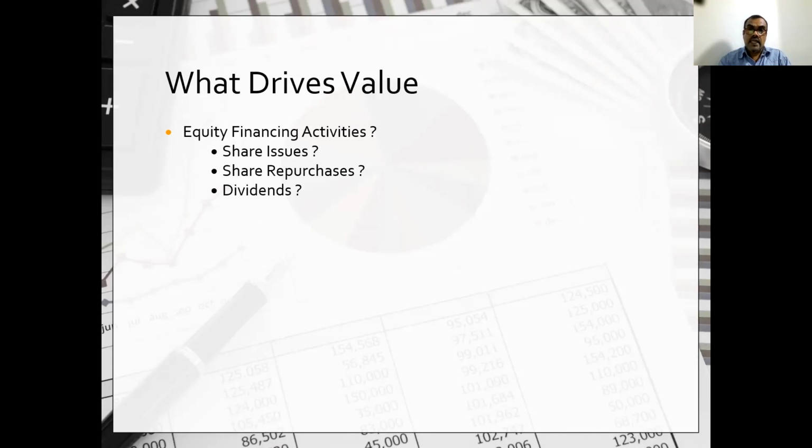So by taking that question, we can ask, okay, when we issue shares, of course it happens. How? Asset value goes up. Whenever you obtain money from your owners, maybe in the form of cash, or you buy assets or whatever, your asset base goes up. On the other hand, your equity value also goes up. An increase in assets that results in equity appears to be value generated, but it's not.